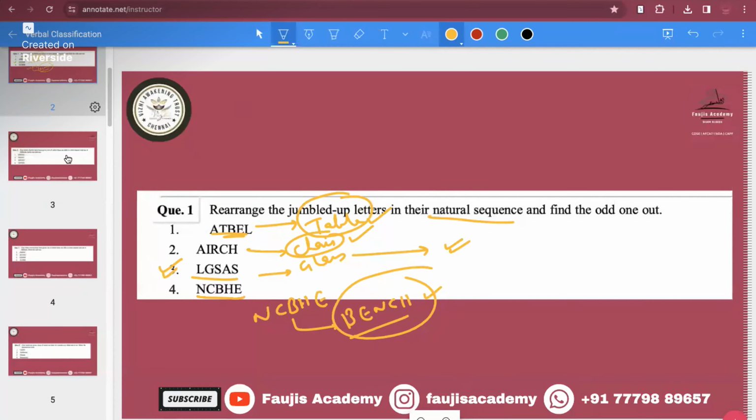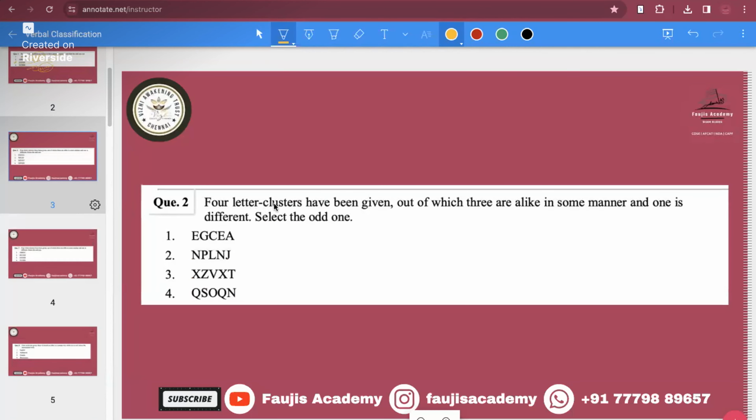Four letter clusters have been given. In this one, you don't have to rearrange it to form some word. E, F, G. A, B, C. J, K, L. T, U, V. M, N, O. Q. It's all the same.